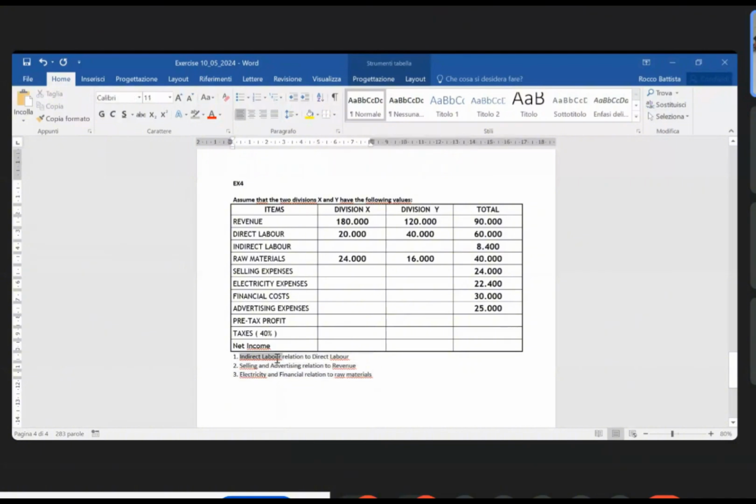How to split the indirect labor in relation to direct labor. How to split the selling and advertising expenses in relation to revenue. How to split the electricity and financial cost in relation to raw materials.